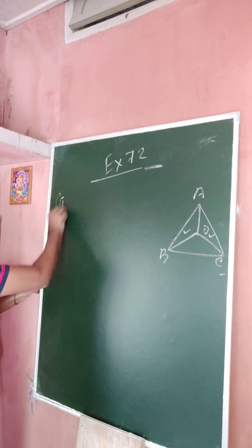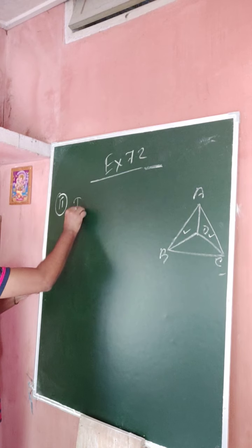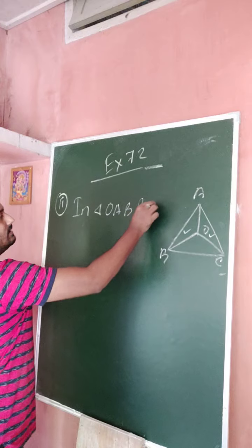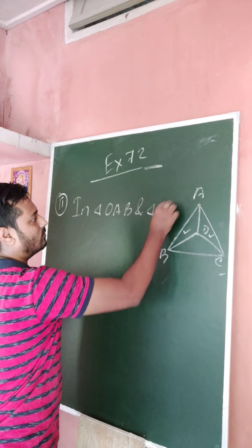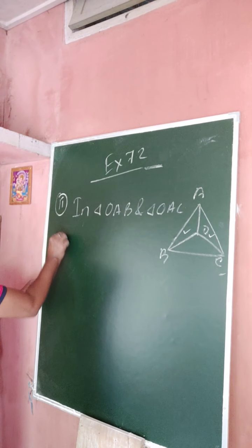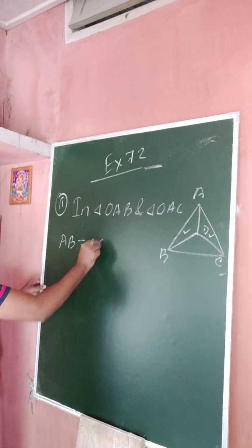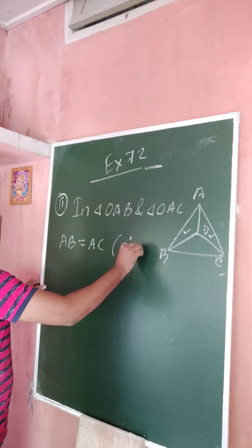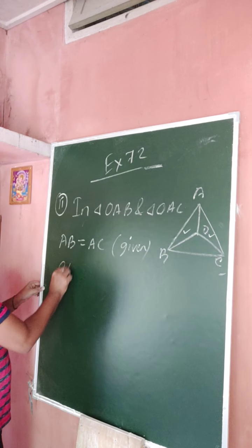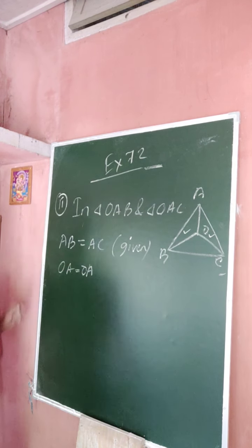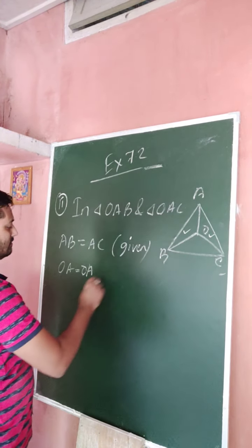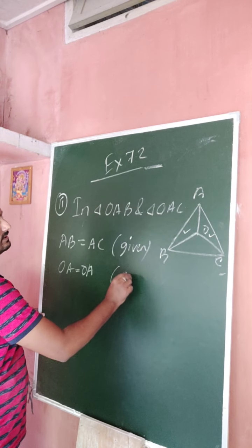So number 2. In triangle OAB and triangle OAC, AB equal to AC, which is given. Number 2, you can write OA equal to OA, which is common side.